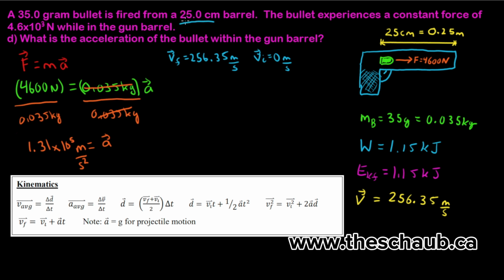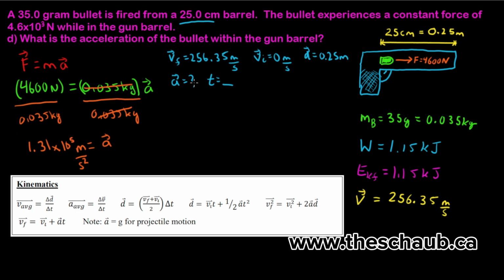So the displacement in this case, d, is equal to 0.25 meters. We're looking for our acceleration, our question mark. And we don't have the time. We don't know how long the bullet is accelerated for. But luckily, we have 3 knowns and we have our unknown.